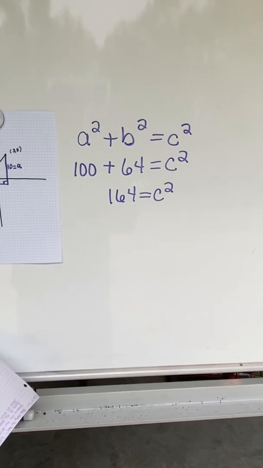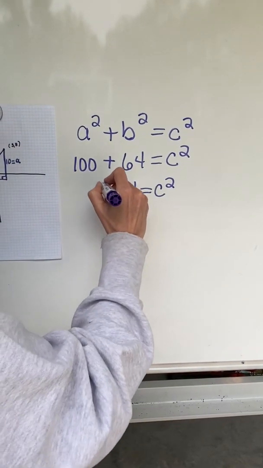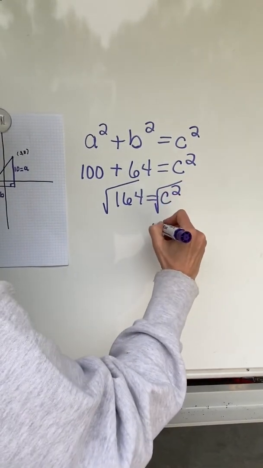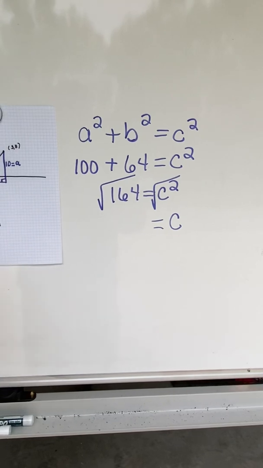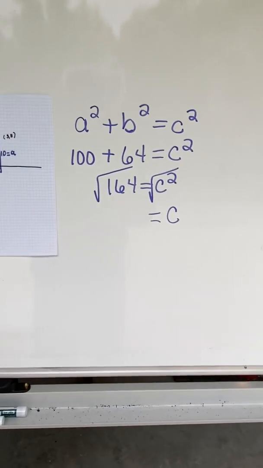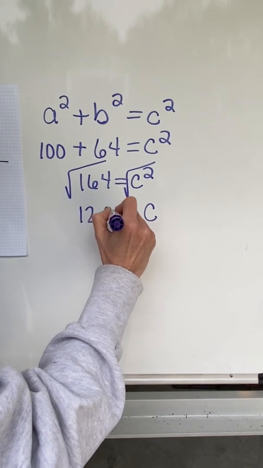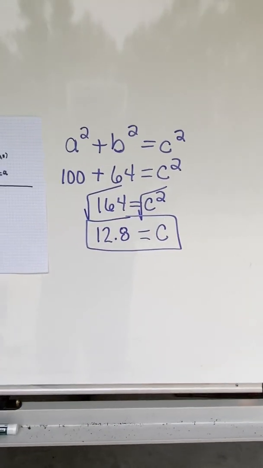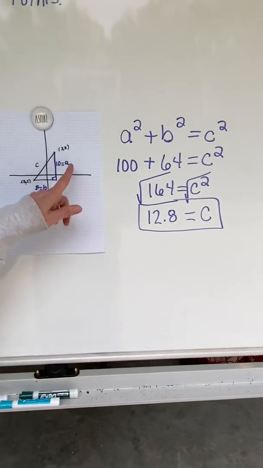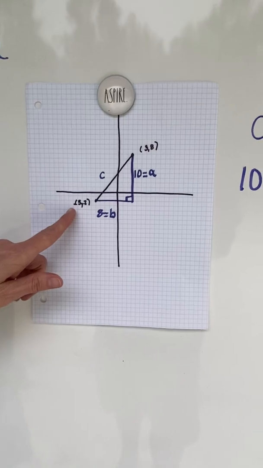Don't forget that the last step in Pythagorean theorem is to take the square root. So I'm going to take the square root of both sides. The square root of c squared is c, and the square root of 164 to the nearest tenth is 12.8. So what we just found is the distance to the nearest tenth between (3, 8) and (-5, -2).